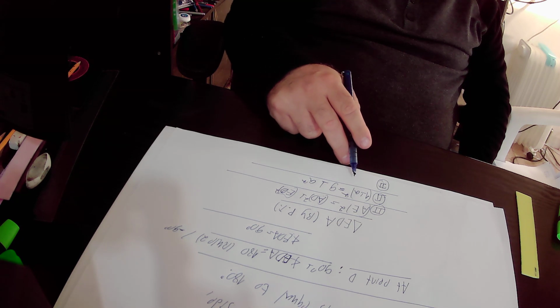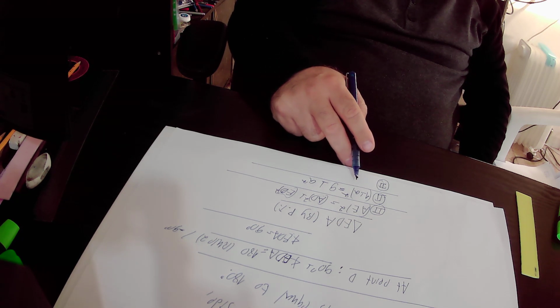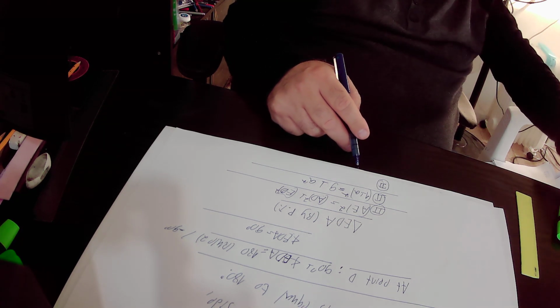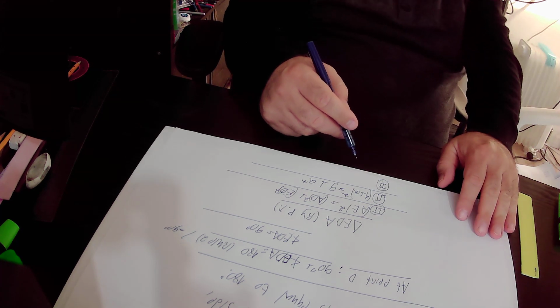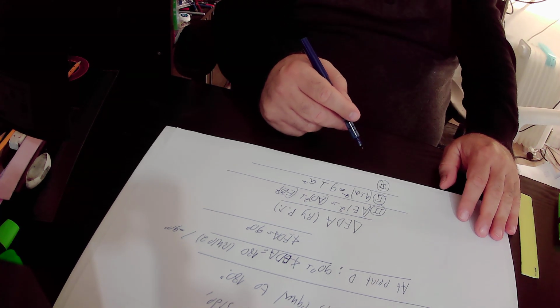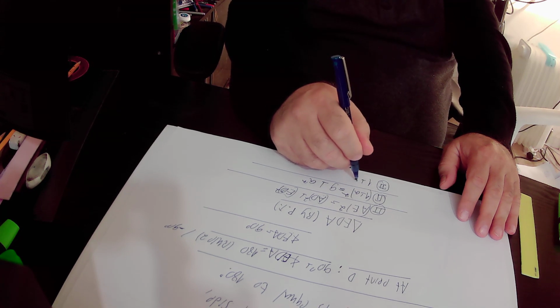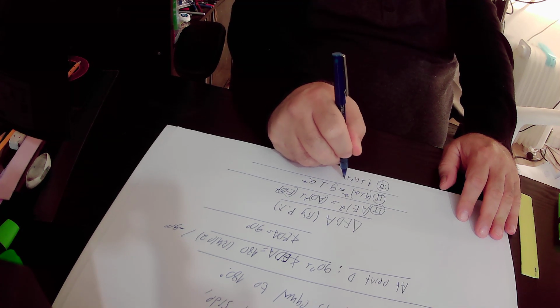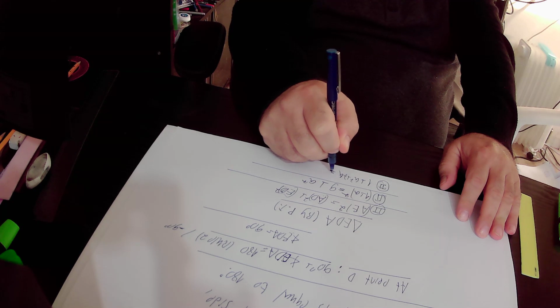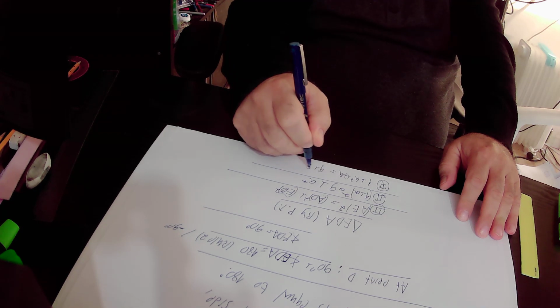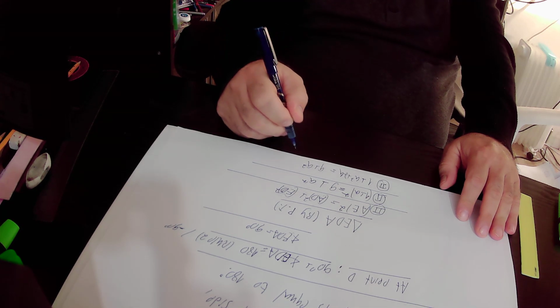Here we will open the brackets on this side of equation number 2, and we get that (1 plus A) squared equals 1 plus A squared plus 2A, and it is equal to 9 plus A squared according to equation number 2.